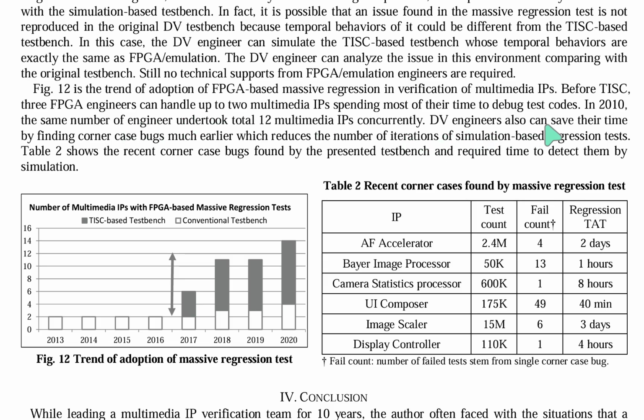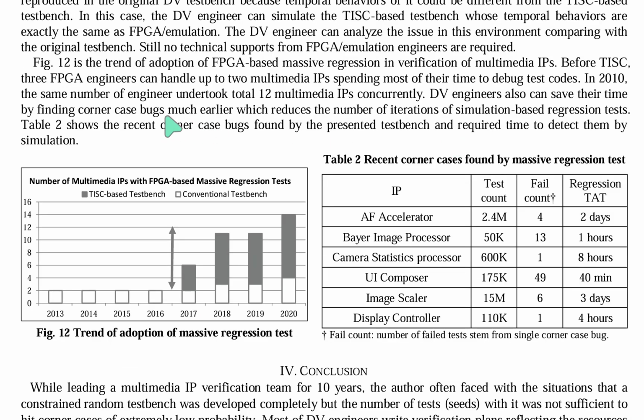DV engineers can save their time by finding corner case bugs much earlier, which reduces the number of iterations of simulation-based regression tests. Table 2 shows the recent corner case bugs found by the representative testbench and the time required to detect them by simulation.